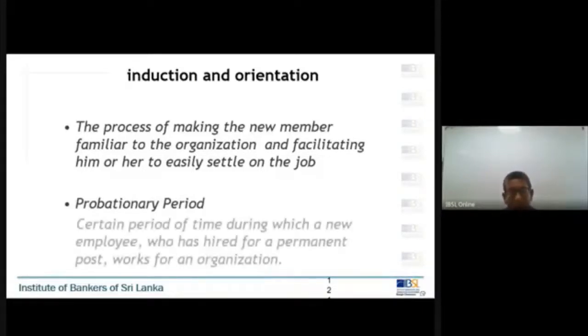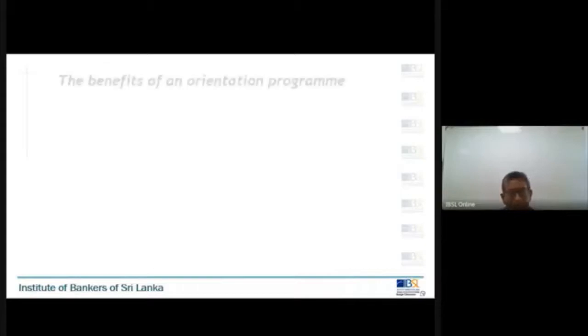And then you know what you mean by a probationary period. The moment you join the bank, you may undergo a probationary period. It may range from 1 month, 2 months, to 6 months, and some banks will charge you some bond. Not all banks, but some banks, right? Okay.